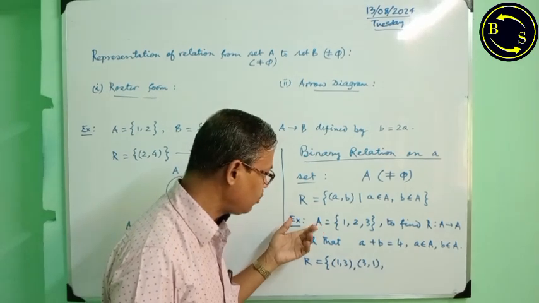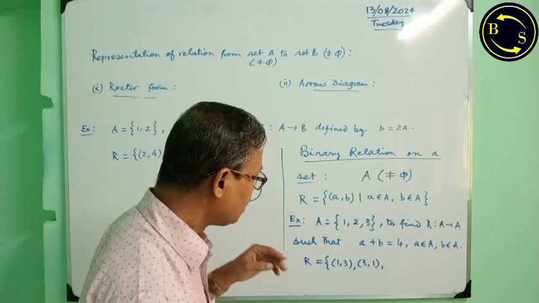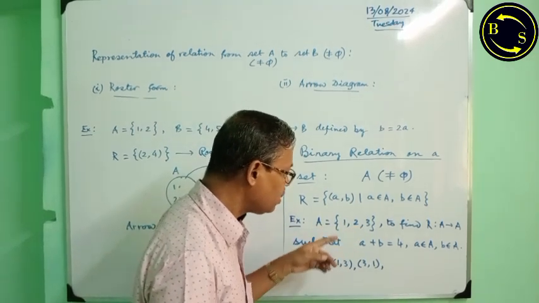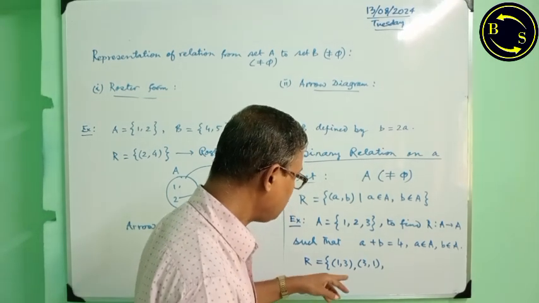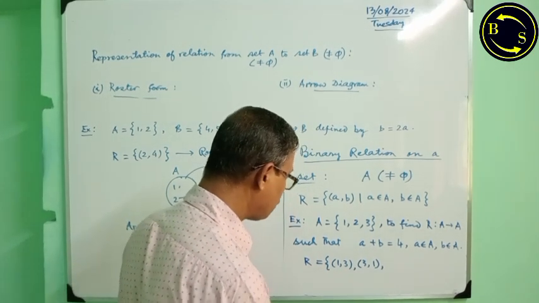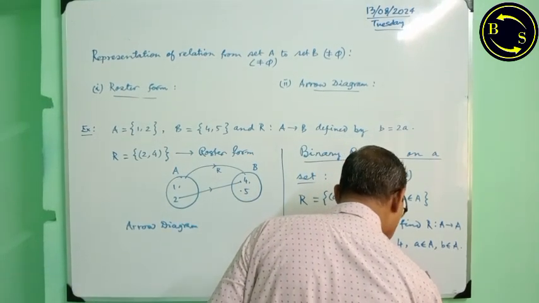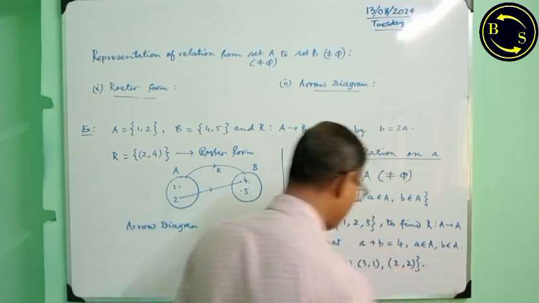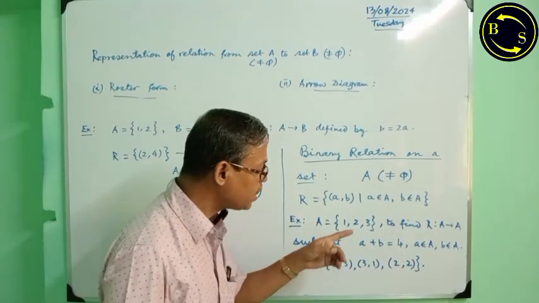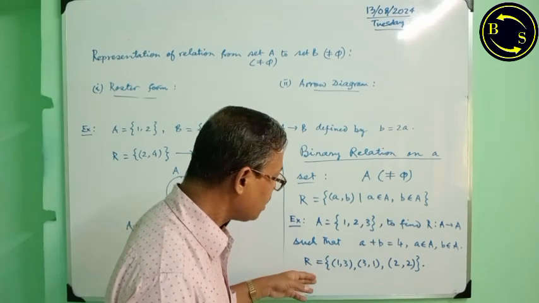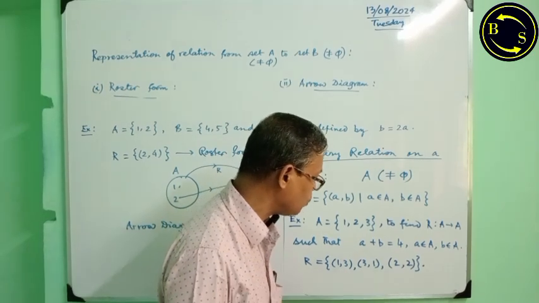Actually, first of all, we have to consider the Cartesian product A cross A. Then (1, 3) and (3, 1) both will be ordered pairs, both will be elements of A cross A. Then (2, 2). Therefore, the relation from set A to set A will be the set of ordered pairs (1, 3), (3, 1) and (2, 2).